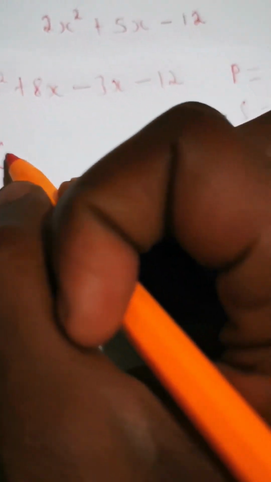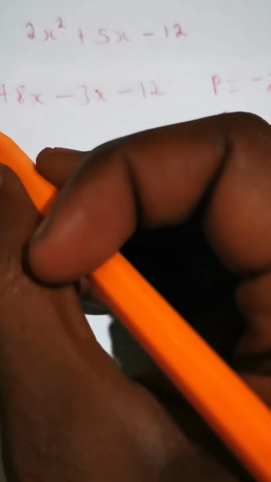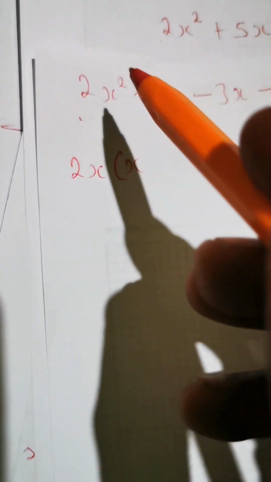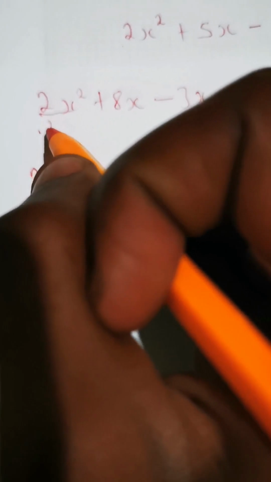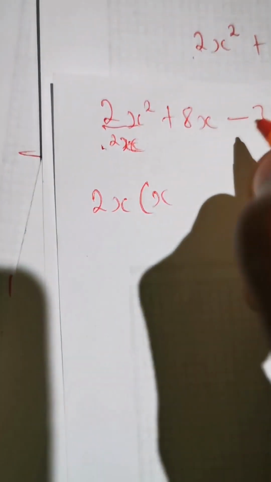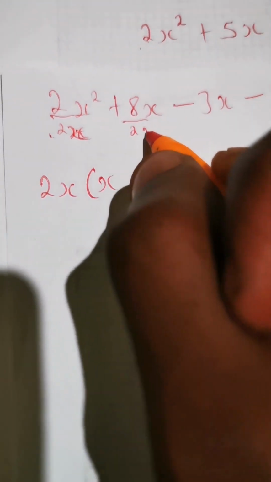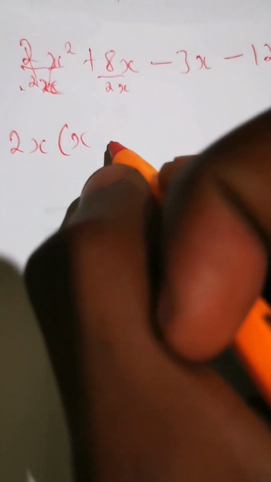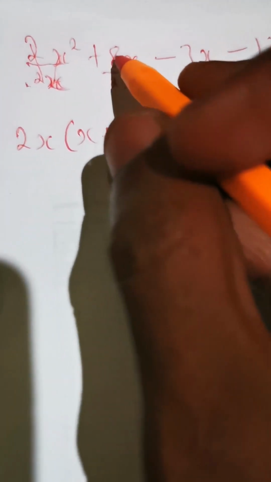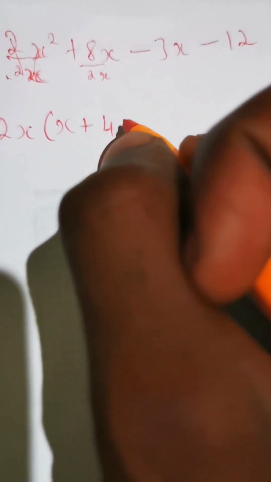Then we factorize using common factor. What is common in the first pair is 2x, so you divide by 2x: the 2 cancels, remaining with x, then plus 4.